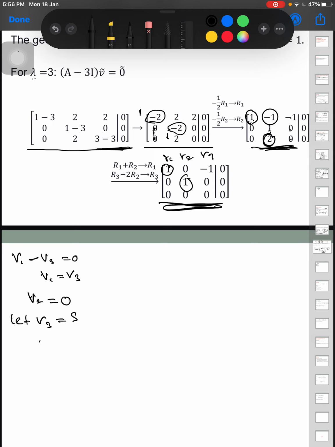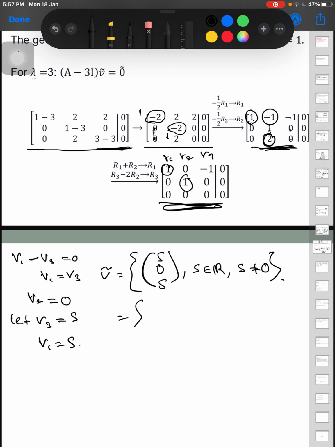Okay, and this implies that v1 also equal to s. So we have the eigenvector which is equal to v1 s, v2 0, v3 also s, such that s is an element in real numbers with s cannot equal to 0. Okay, and then you can also write this eigenvector as s times (1, 0, 1), such that s is an element in real numbers and s cannot equal to 0.